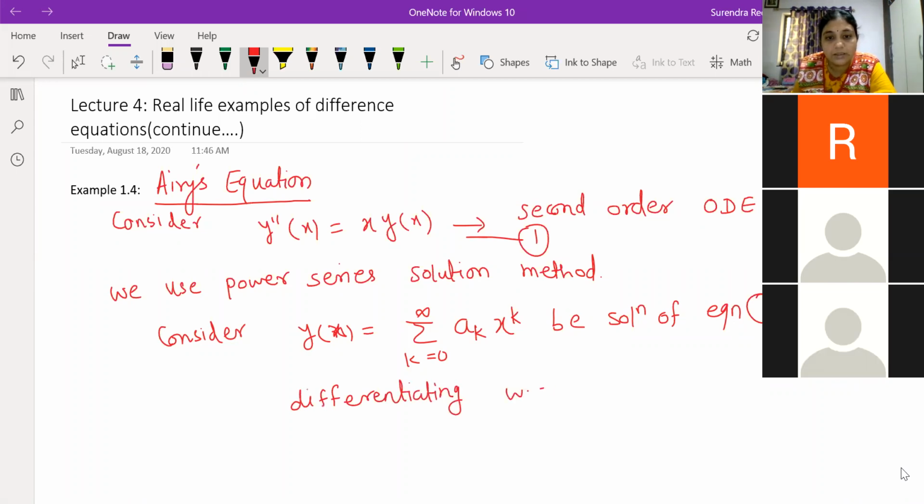So if y of x is equal to this, now differentiating with respect to x, what will I get? y dash of x is equal to what?